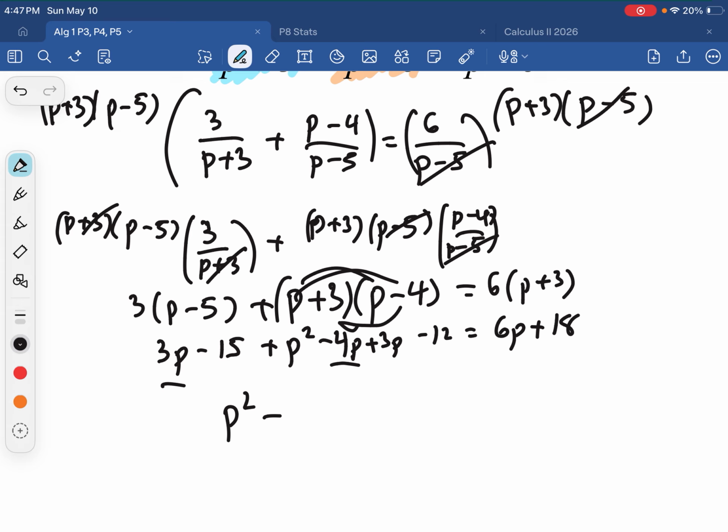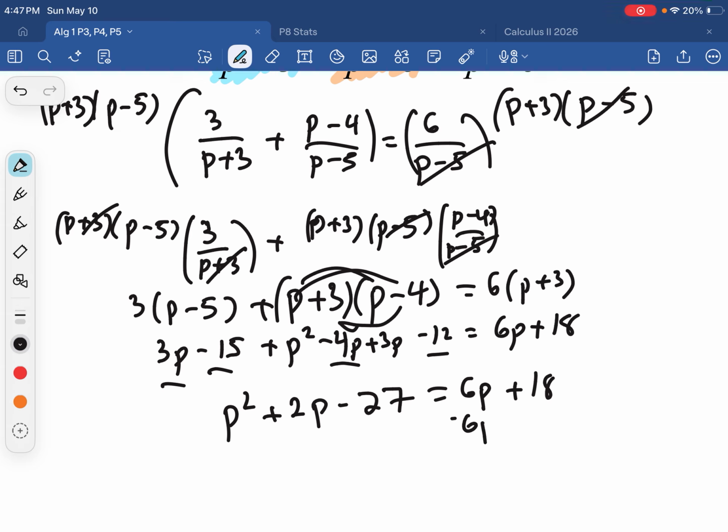P squared, 3p take away 4p is negative 1p. Negative 1p plus 3p is going to be 2p. And negative 15 minus 12 is, we're taking away 27 equals 6p plus 18.